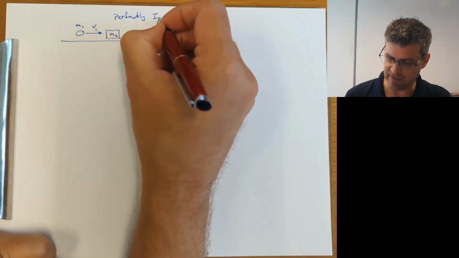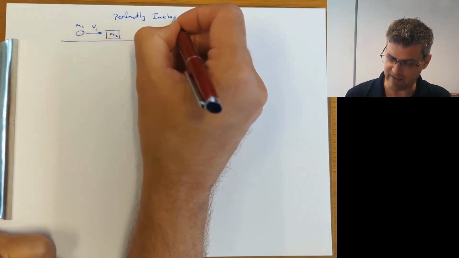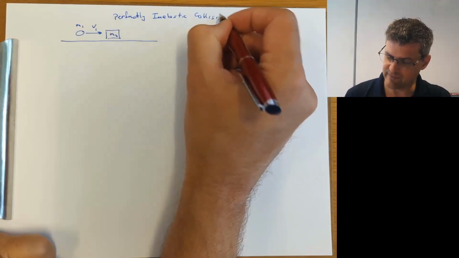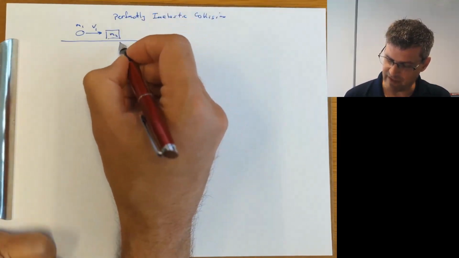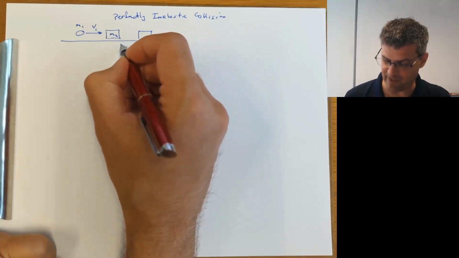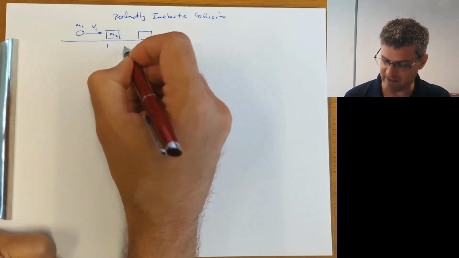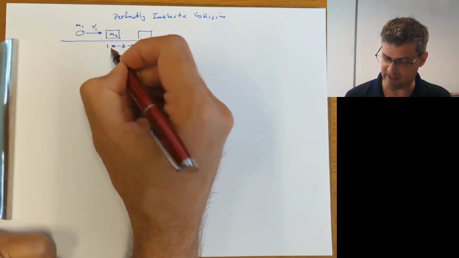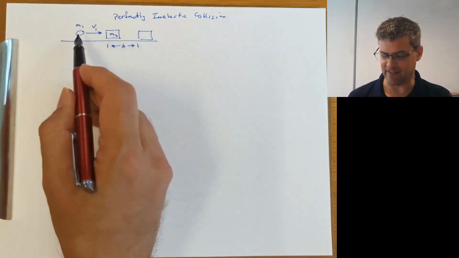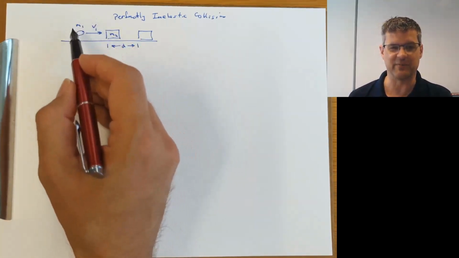Perfectly inelastic collision. And after the collision, the block with the other mass is going to slide some distance d. And I would like to find out how far it slides given how much momentum I put into the problem.